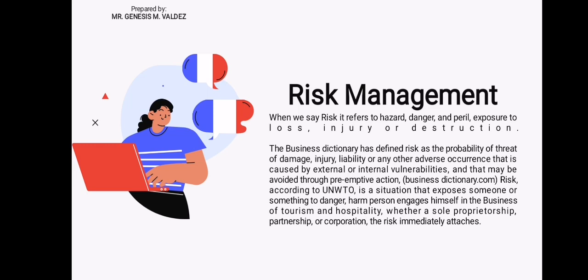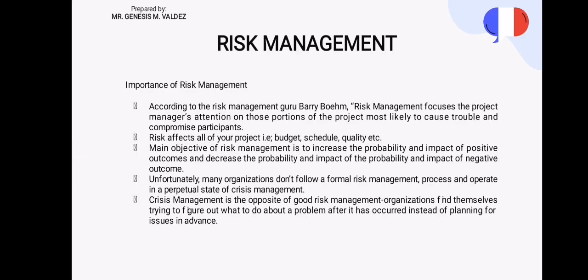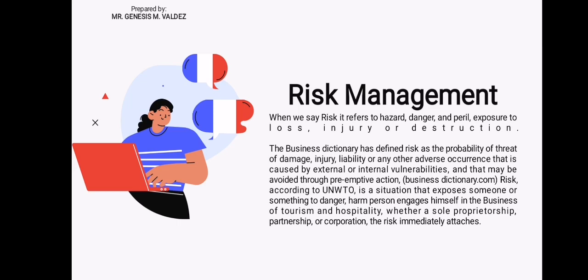Okay, when we say risk management, dinefine din siya ng ISO 31000. When we say ISO 31000 or risk management process, ito po ay ang international, wala pala siya sa presentation, pero nasa module niyo po siya.